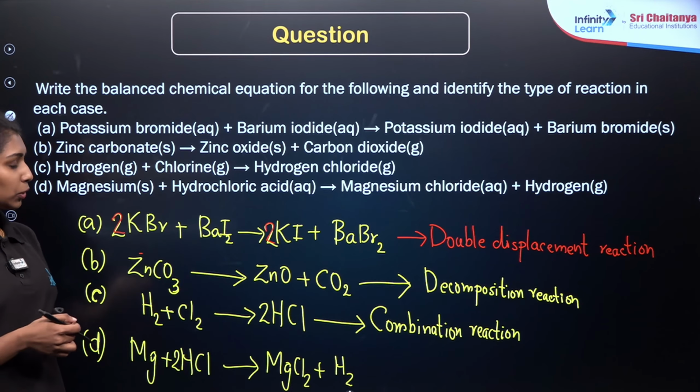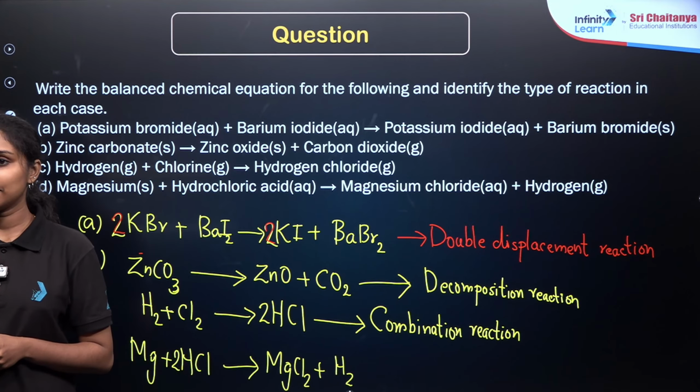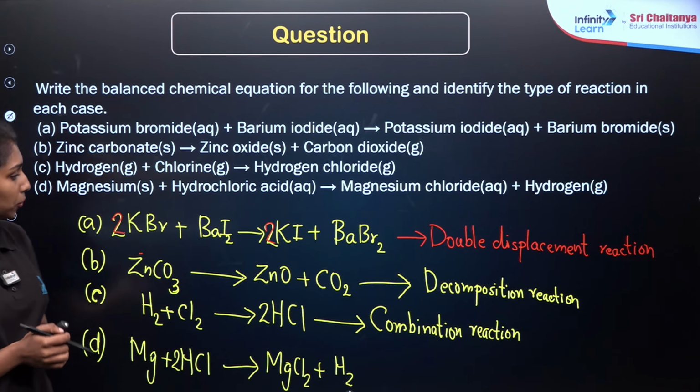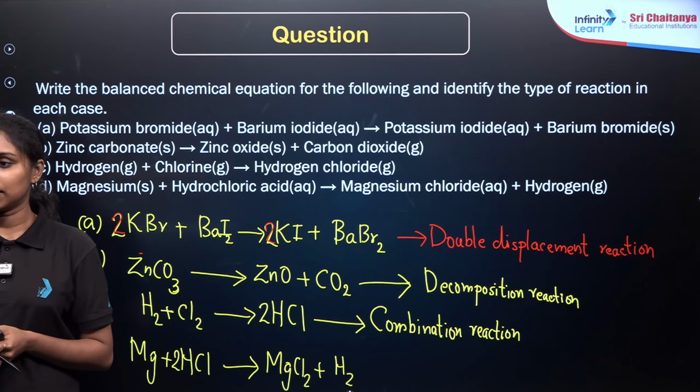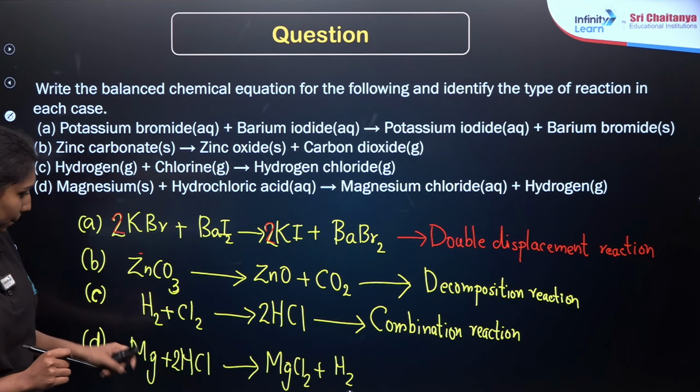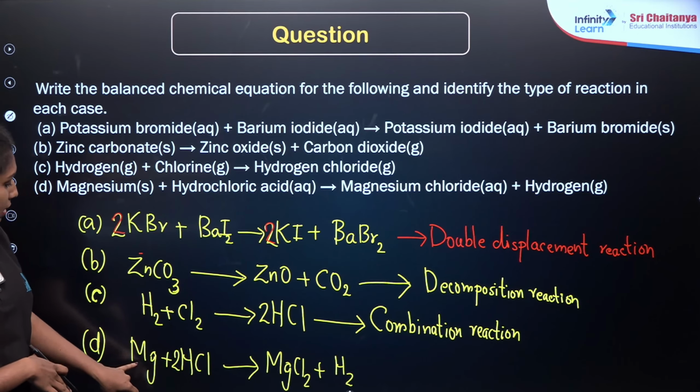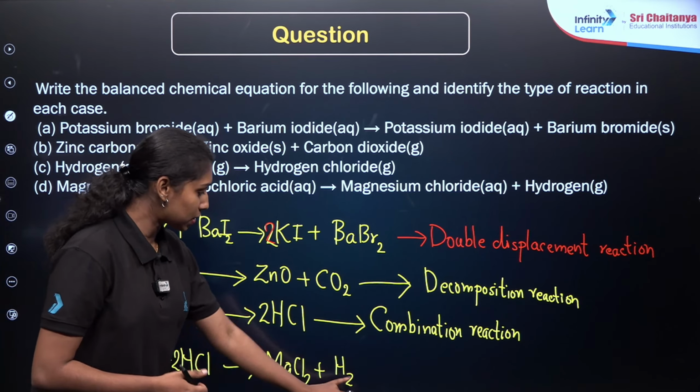We have already studied about atoms and molecules, right? Atomicity of different molecules, monoatomic, diatomic. Wait, I will explain. So I will just explain this one first. Mg plus 2 HCl gives MgCl2 plus H2.